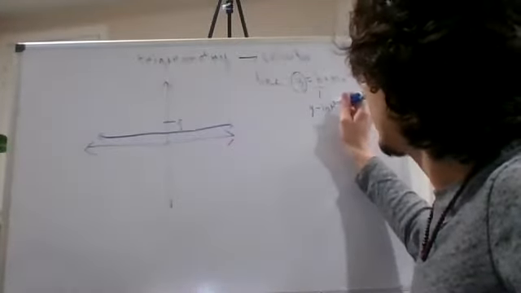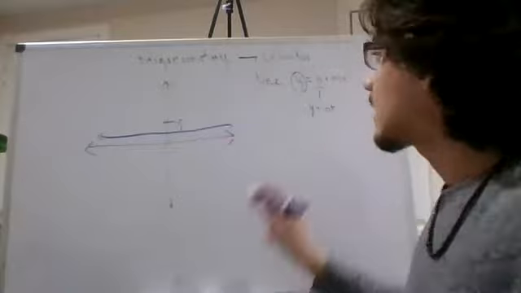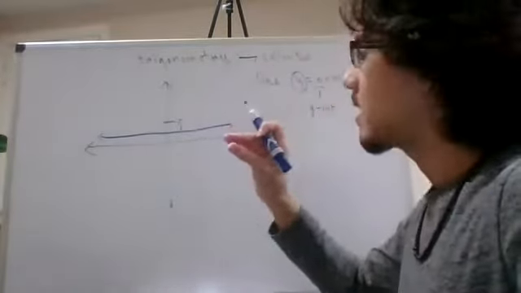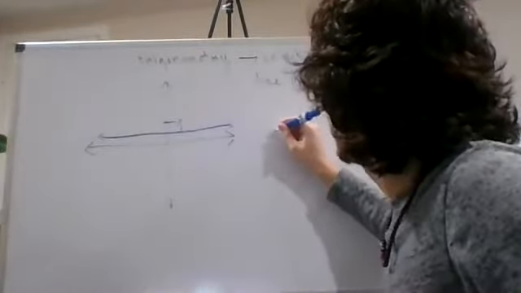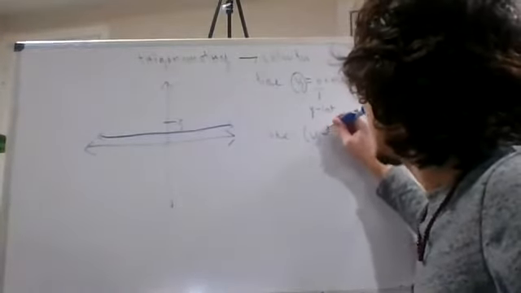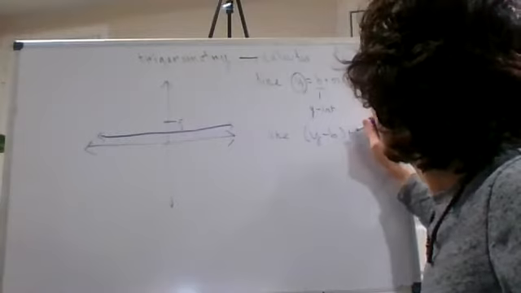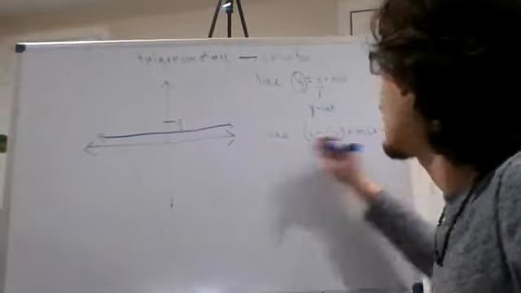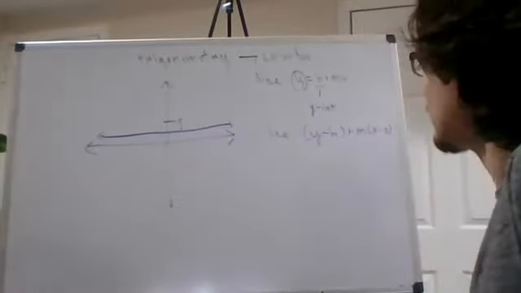So the idea is that the y-intercept represents the vertical position of the function. The way we write it in terms of position, we use y minus b plus m x minus 0. And that is what our function is.